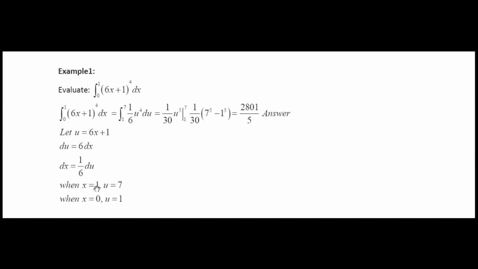When x is 1, u is 6 times 1 plus 1, which is 7, and when x is 0, u is 6 times 0, which is 0 plus 1, or 1. So see, we've got our new limits.